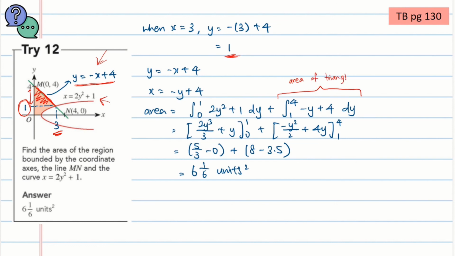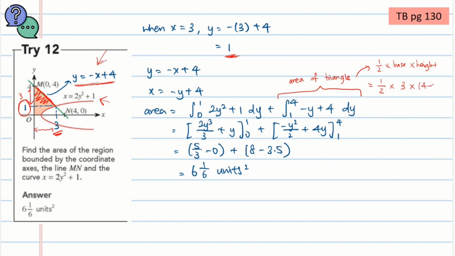The alternative is that I can do half times base times height. Depending on your viewpoint, I can have my base to be 3 and my height to be 3 as well, because 4 minus 1.